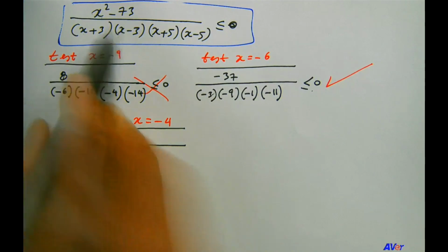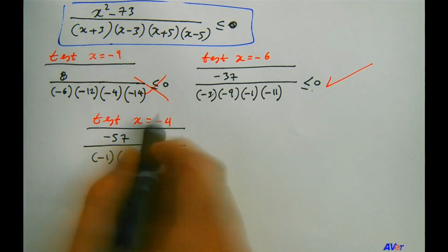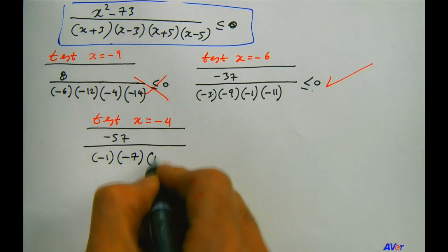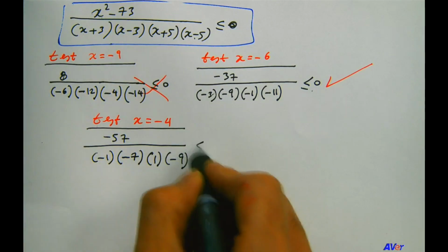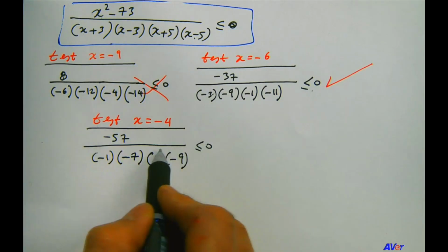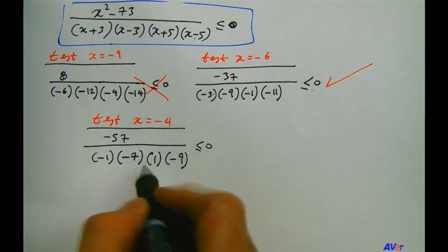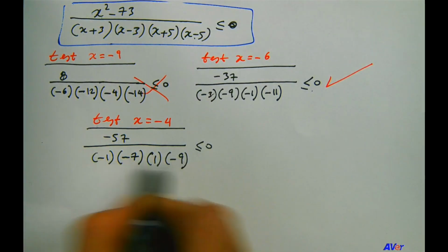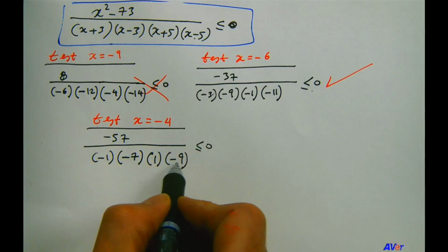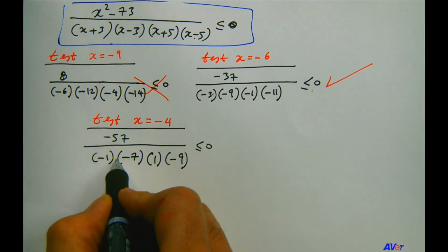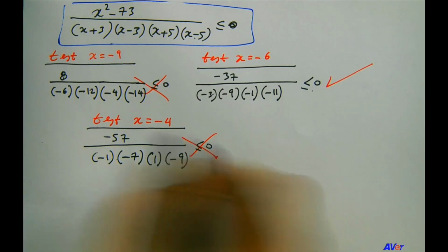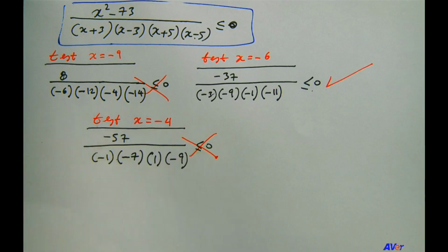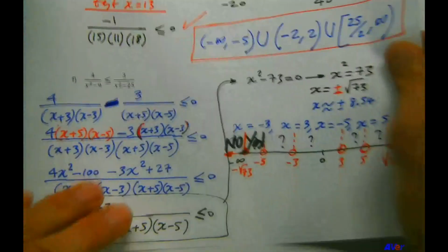Negative 4 minus 3, negative 7. Negative 4 plus 5, positive 1. Negative 4 minus 5, negative 9. And we ask if the left side is less than or equal to 0. So 3 negative numbers multiplied by each other give a negative number. But a negative number divided by a negative number is a positive number. So this is no good. So x equals negative 4 is not a solution, so that whole region is not part of the solution.